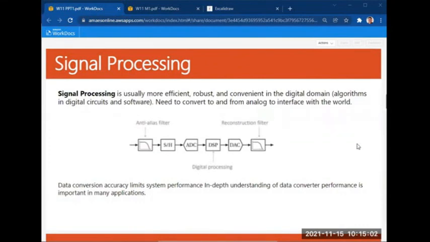Signal processing is usually more efficient, robust, and convenient in the digital domain. It is the need to convert to and from analog to interface with the world. So what does this mean? Usually, the signals that we are getting from real life data are in the analog form.